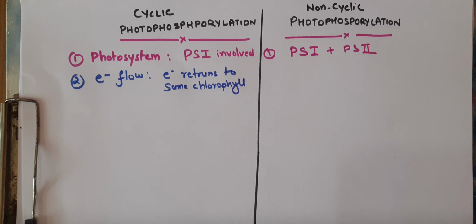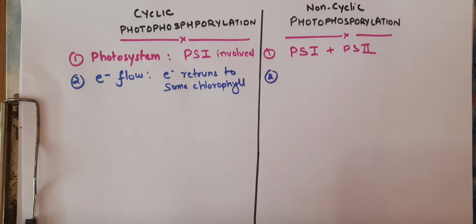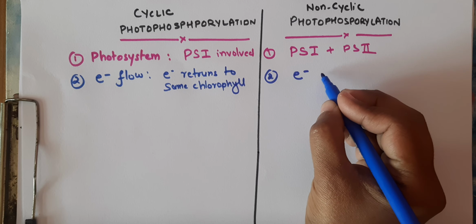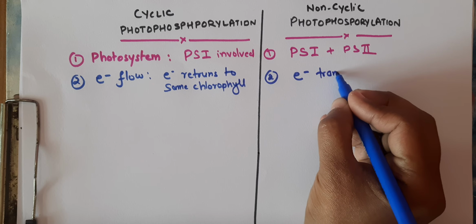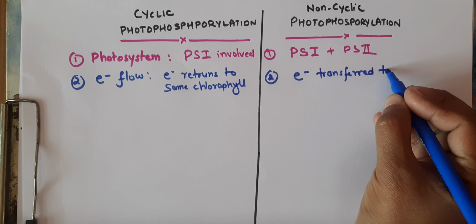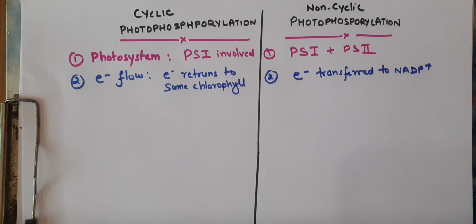Whereas in the case of non-cyclic photophosphorylation, the electron will be transferred to NADP plus. So this is the second difference between the two.